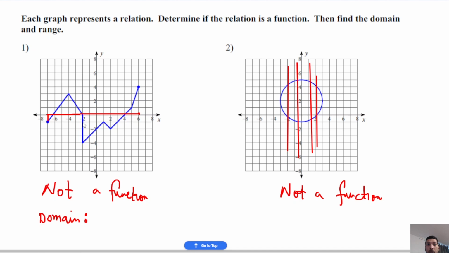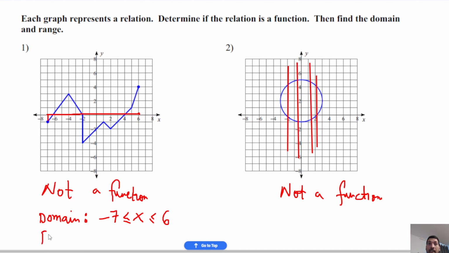Since this graph is continuous, that means we take the values from left to the right. So we start at -7 less than or equal to, since this -7 is included in the domain, we put an equal sign. We put x to represent the domain variable, and then less than or equal to, the maximum value is 6.